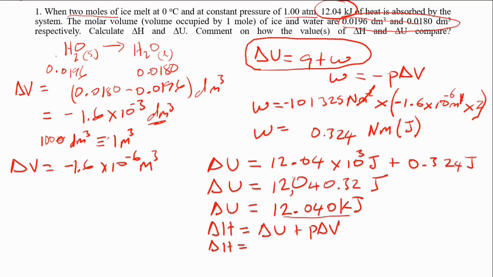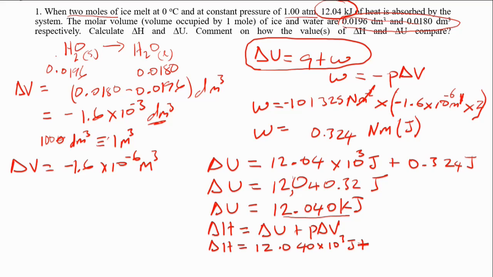So we're going to just take it and put it back here. Very convenient for us. I'll just put times 10 to the 3, so it's back in joules, plus P delta V.